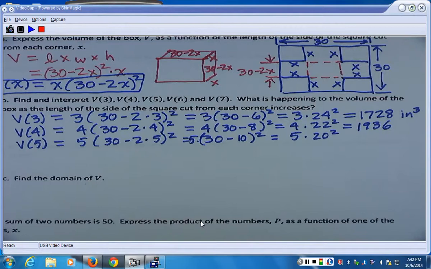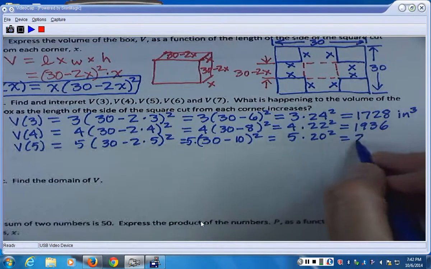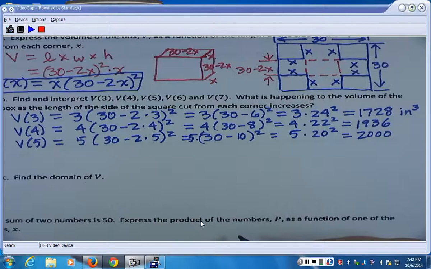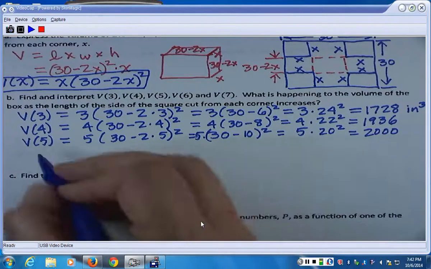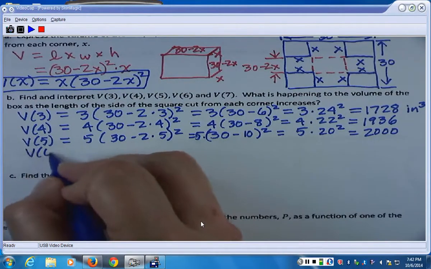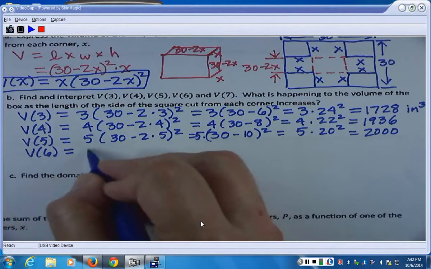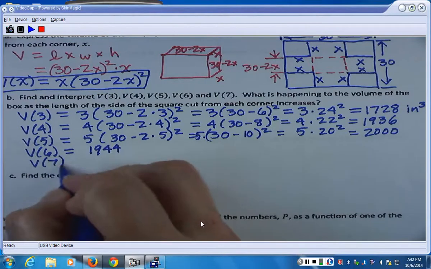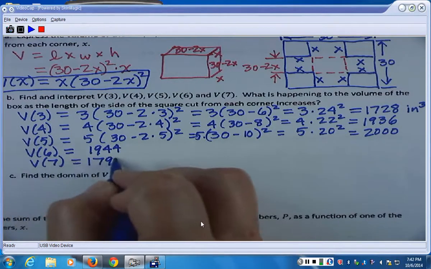Then if you type that in, that's 2,000. And when you put in a 6, you end up with 1944. And when you put in 7, you get 1792 cubic inches.